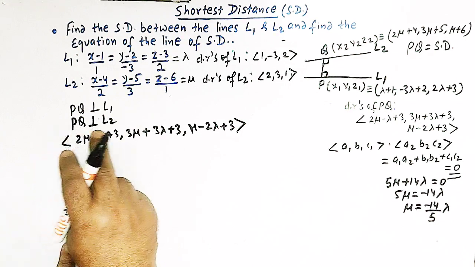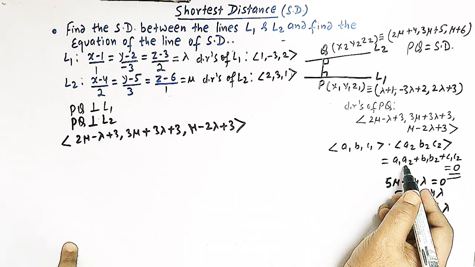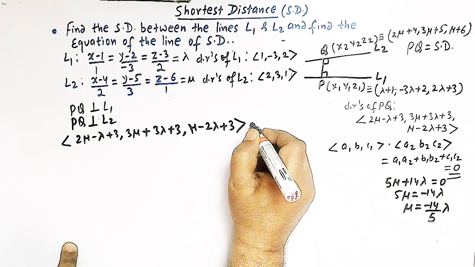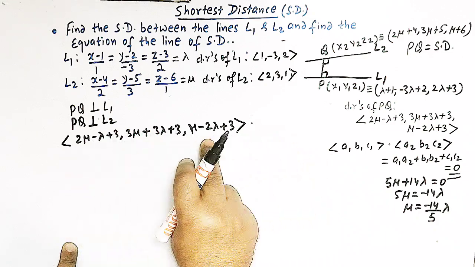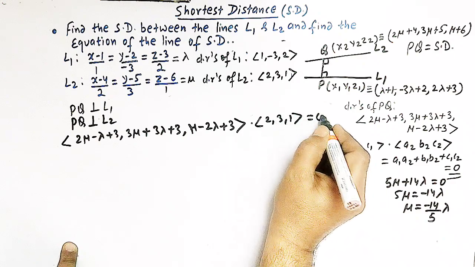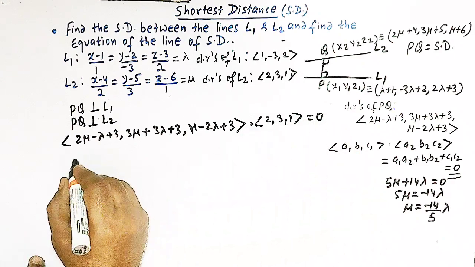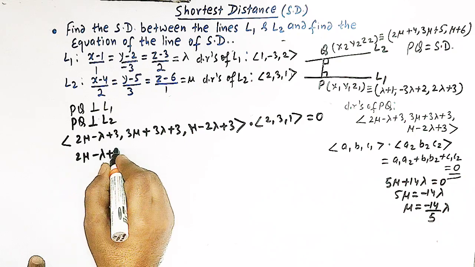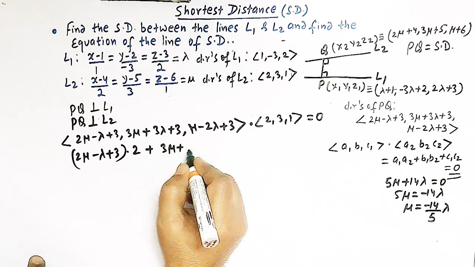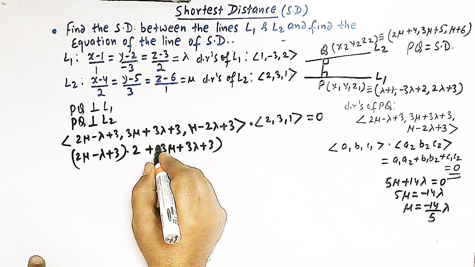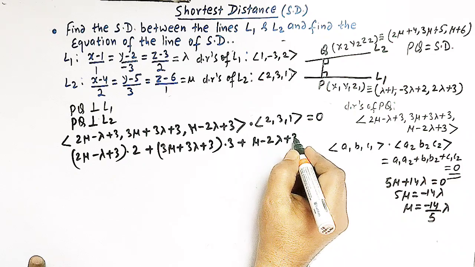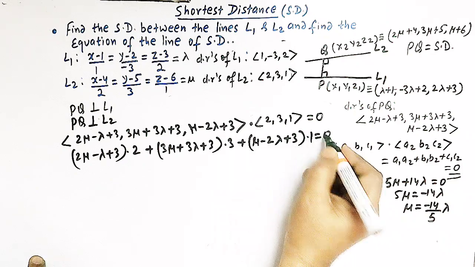So now PQ is perpendicular to L2. So again applying this condition, the direction ratios of PQ are written over here, and the dot product of these direction ratios with 2, 3 and 1 should be equal to 0. So we have now 2 mu minus lambda plus 3 times 2, then we have 3 mu plus 3 lambda plus 3 times 3, and then mu minus 2 lambda plus 3 times 1 is equal to 0.